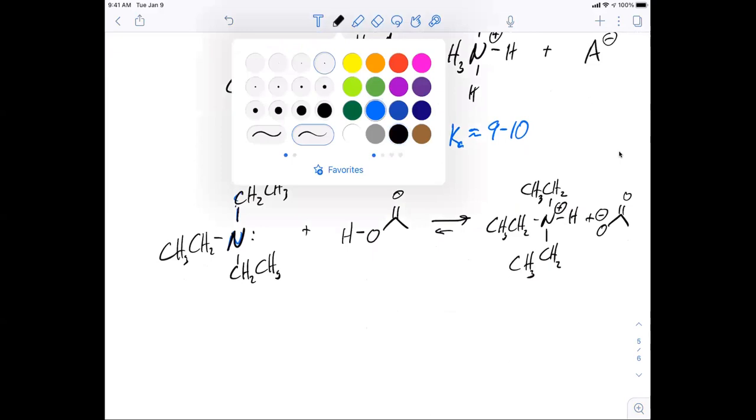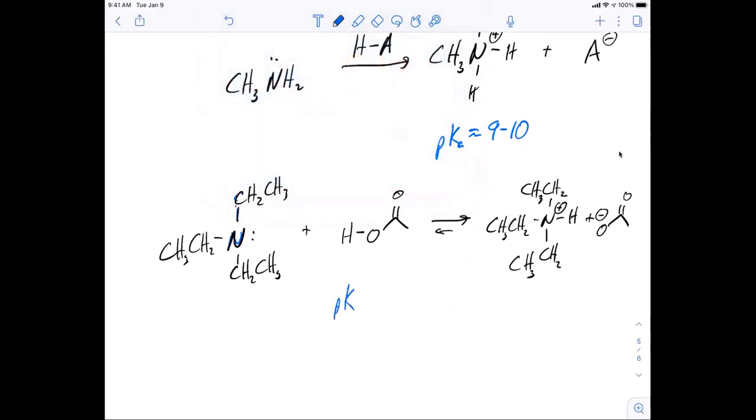And so if we look at our pKa's here, the pKa of the acid we know is about 4.76. But then over here, when we look at the protonated triethylamine, we end up with 10.76.